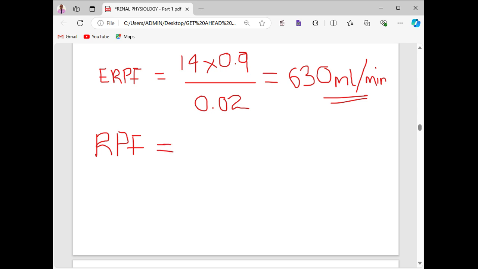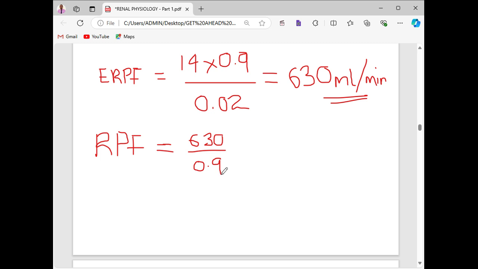We are going to divide the effective renal plasma flow, which is just 630, by the extraction ratio, which is just 0.9.